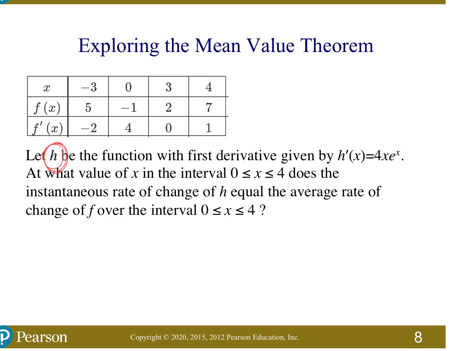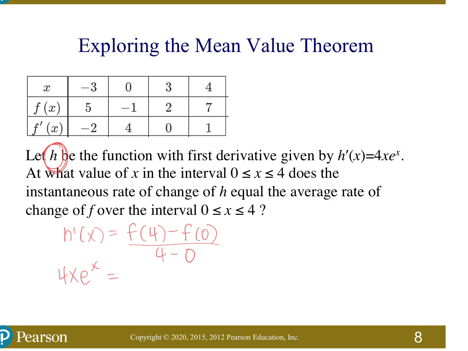So we want the instantaneous rate of change of h, that's h prime, being equal to the average rate of change over the interval of 4. So f of 4 minus f of 0 over 4 minus 0. Do you understand the words instantaneous being equal to average? They gave us the instantaneous rate of change of h. They gave us 4x e to the x.